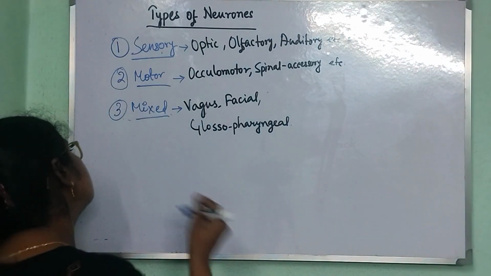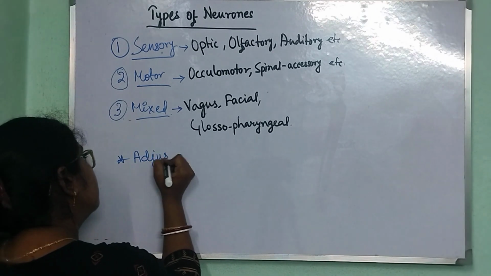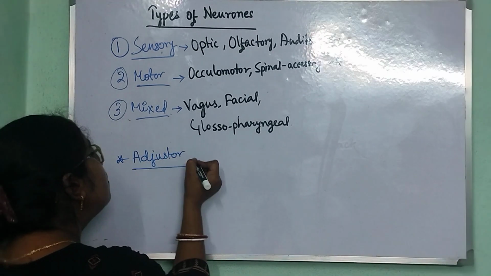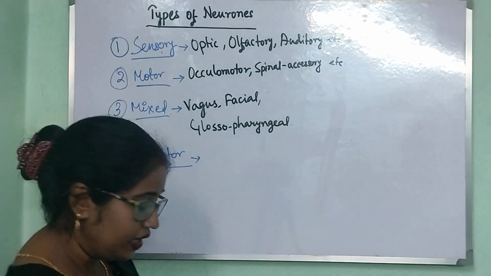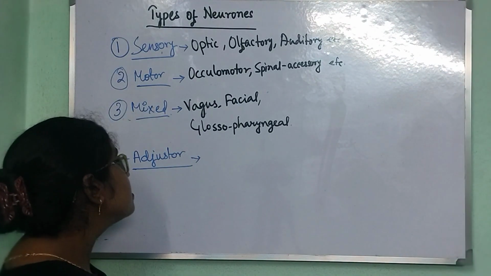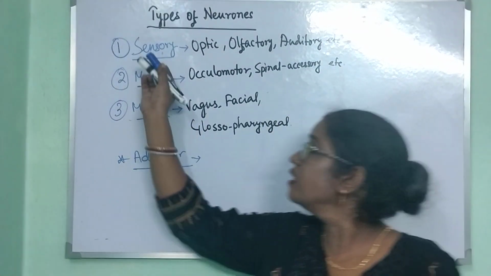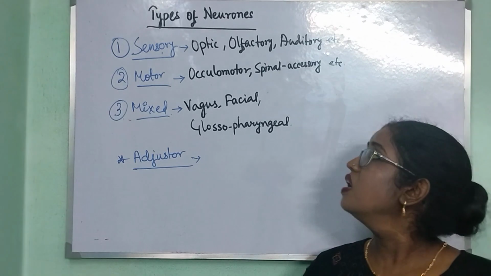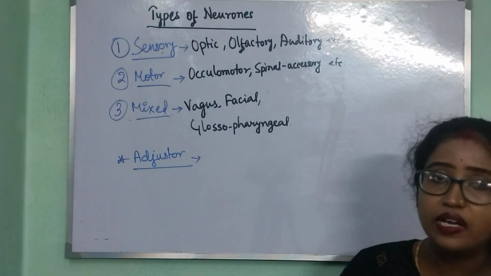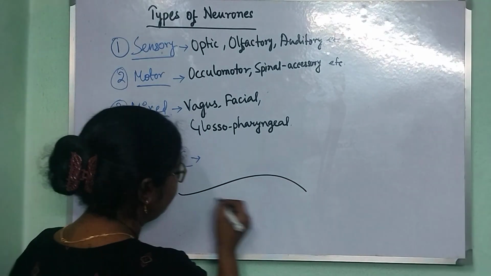Another one is known as the adjuster neuron. Adjuster neurons are basically situated in the central nervous system, and they join both the sensory and motor neurons.